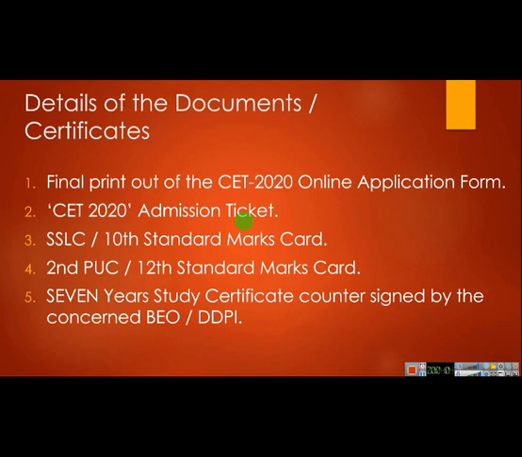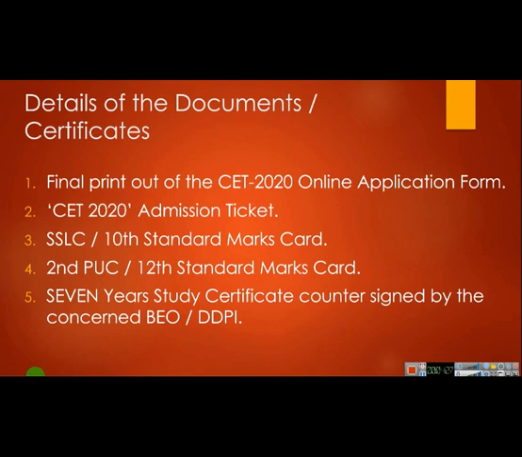The next one is the 7 years study certificate. That has to be signed by the BEO or DDPI. This 7-year certificate is for confirming that you have been staying in Karnataka for the past 7 years. That is why they are asking you for the study certificate.